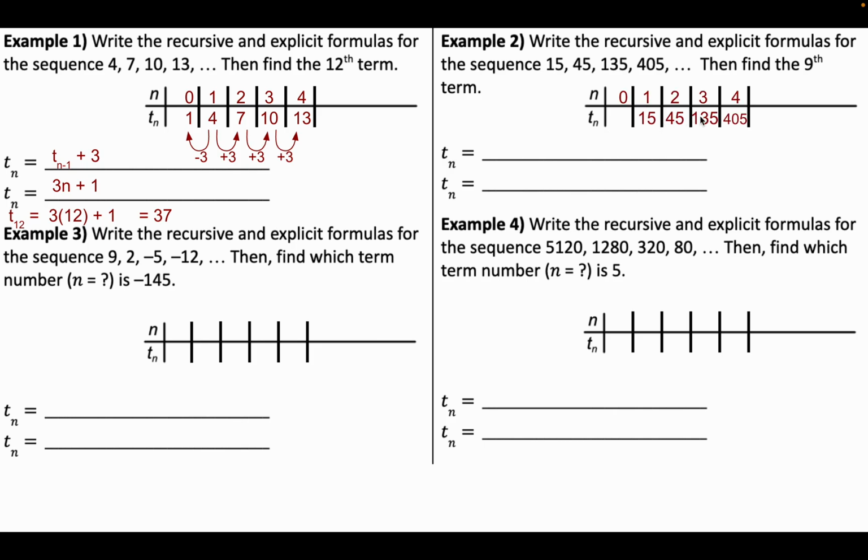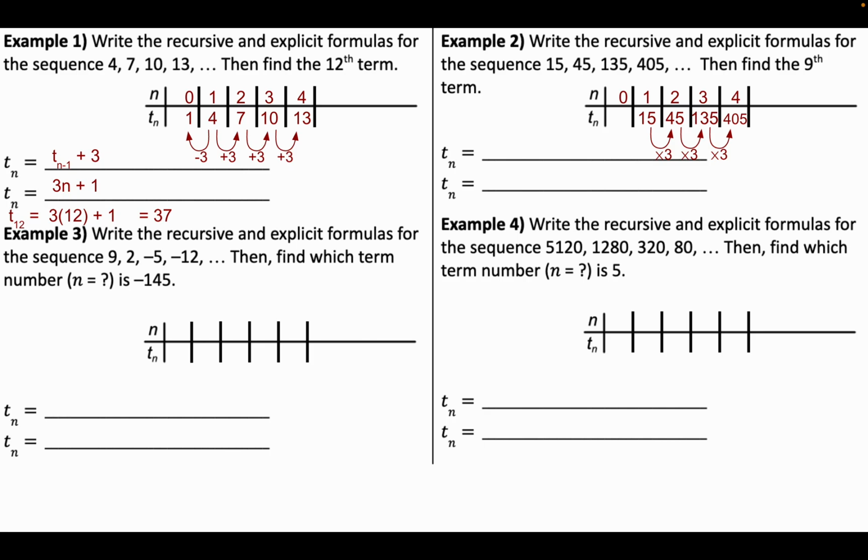All right, let's do example 2. So we've got our sequence written up here. You should be able to see pretty quickly that this sequence is geometric. We can tell that it's geometric because we're multiplying, like the numbers are getting really big really quickly. We saw earlier that we were multiplying by 3, right? 15 times 3 is 45.